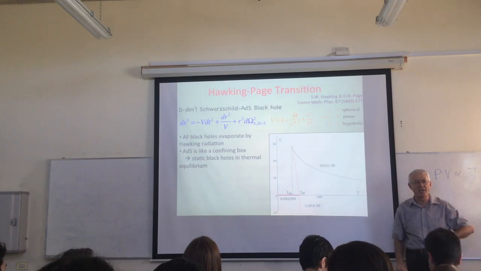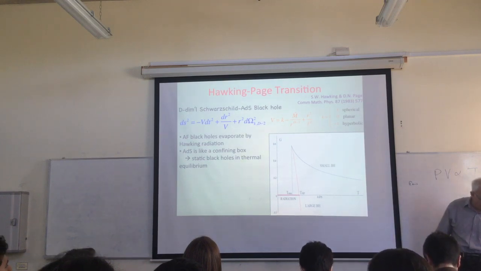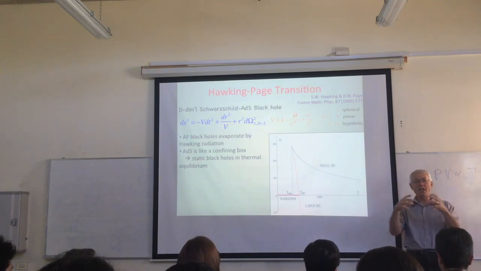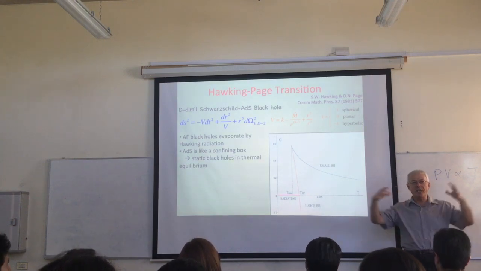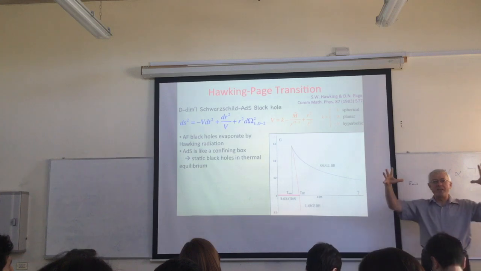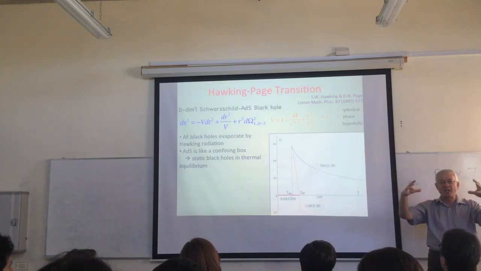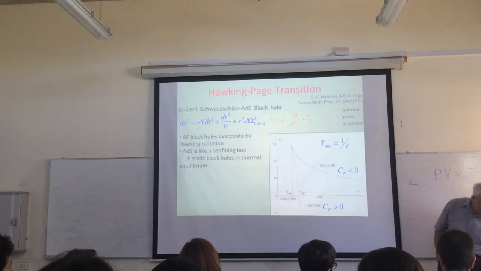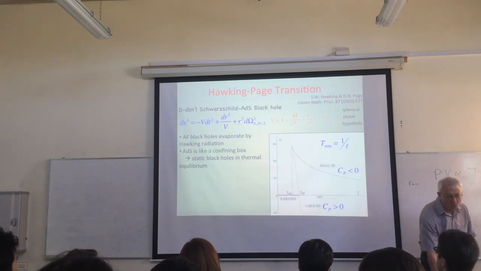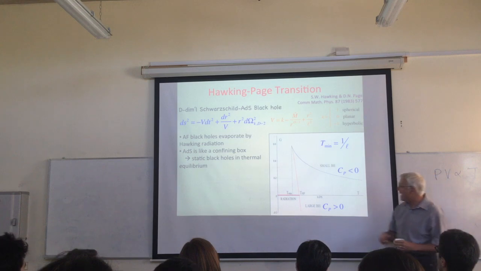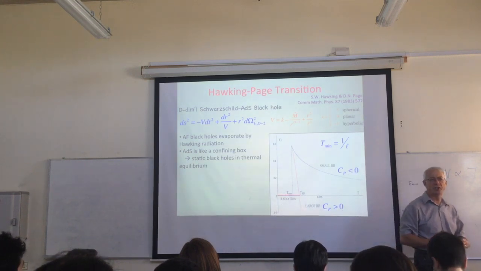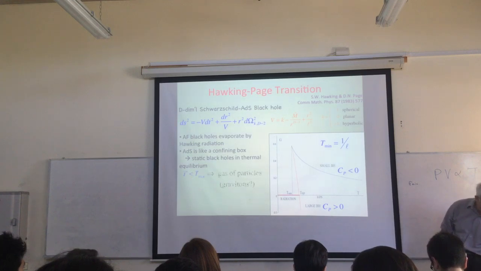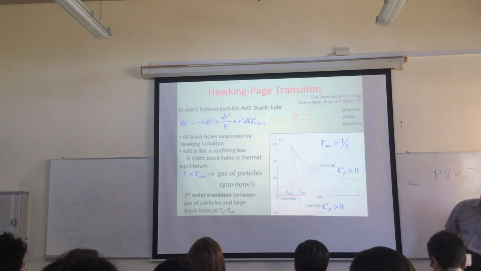So in that sense, it's kind of like a confining box. As the black hole radiates, it's filling up AdS with heat, but the gravity of the heat is trapped in the AdS space, so you can get the black hole to be in thermal equilibrium with its own heat, and if it's cold enough, eventually it would rather just be all radiation. So that's perhaps another way of looking at it.